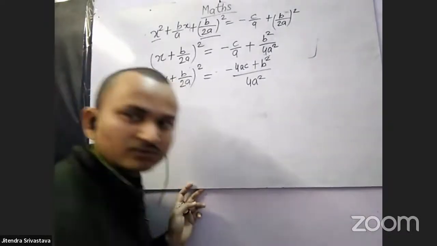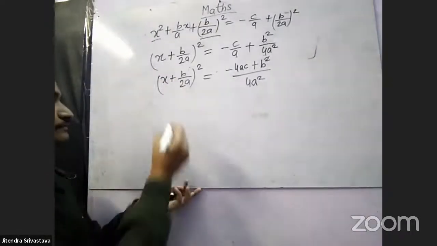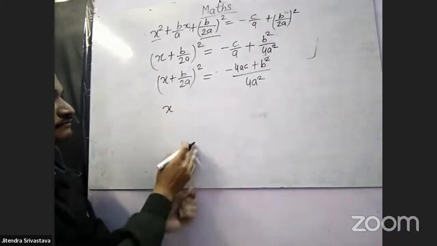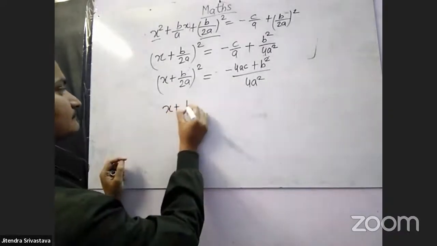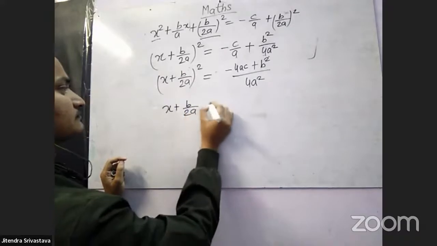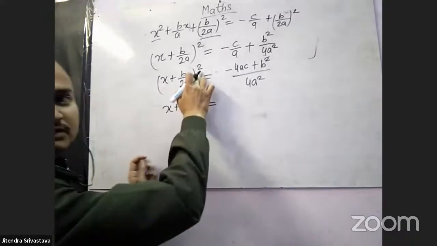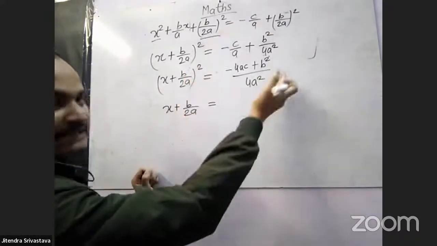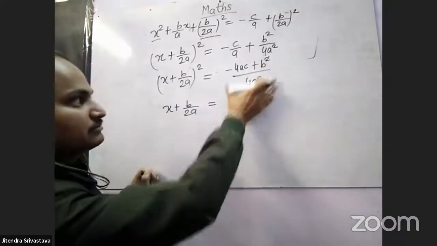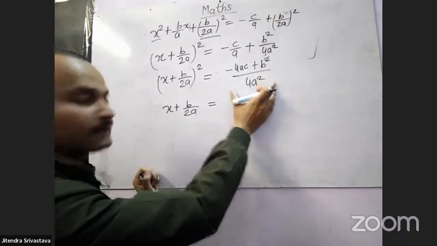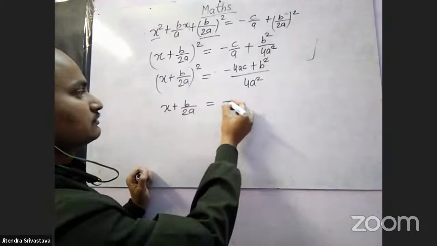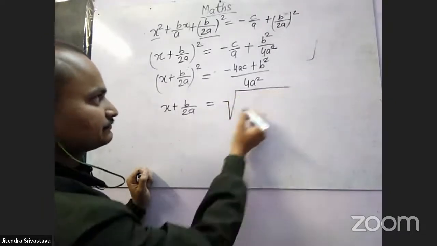Now moving on to the next step. The square here will go to that side, and it will become under root on this whole expression.